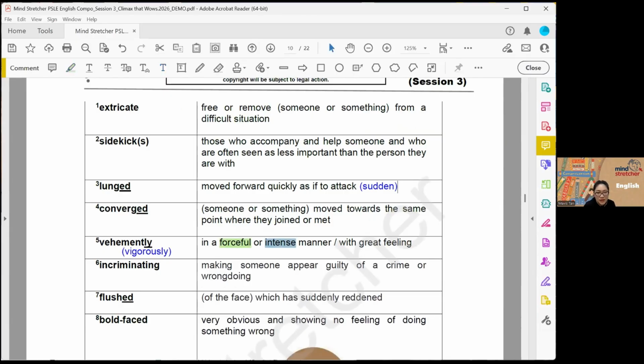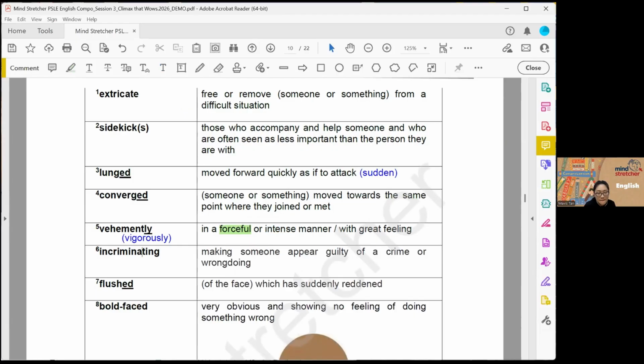Incriminating could be to make someone appear guilty. But if I use it as an adjective, I say this is incriminating evidence. This is now an adjective. If this is incriminating evidence, that means this evidence can actually prove if someone has committed a crime or not. So if it's used like that, it's an adjective.